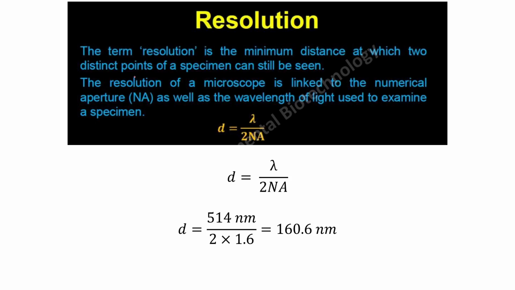can still be seen. Okay, so your eyes are also a type of lens, right? You have a lens in your eyes and you are seeing things through it. So the same optics principle is there behind your eye. When you are looking at an object far away, there is a limit till which your eyes can actually distinguish between 2 points.